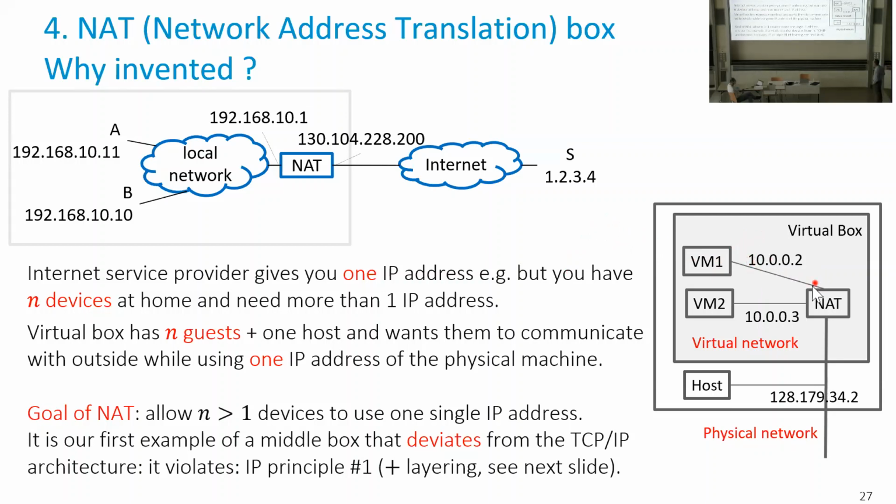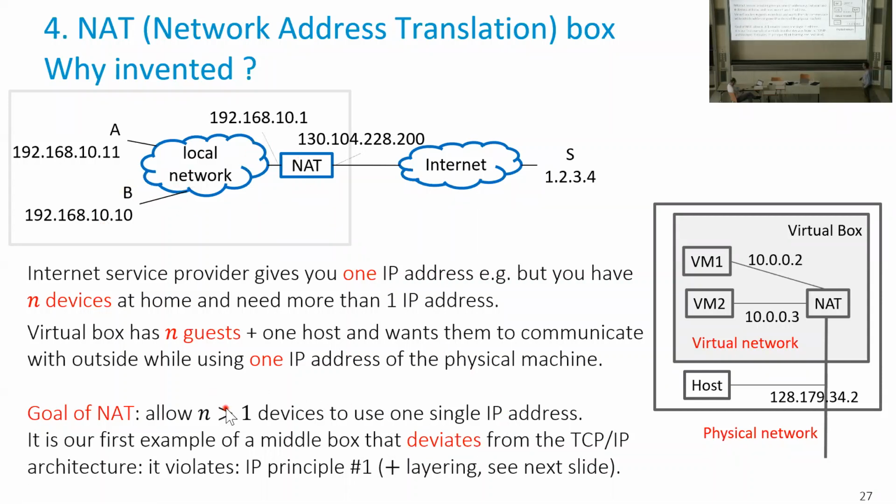So we may need to have more than one address, and we certainly have two. We have the IP address of the guest machine and of the host. So how do we use those addresses here with only one physical interface and only one physical IP address? In addition, in VirtualBox, typically the addresses are private. Same thing at home. Your home addresses are probably private.